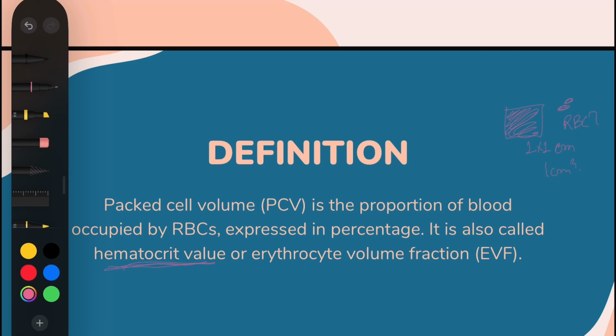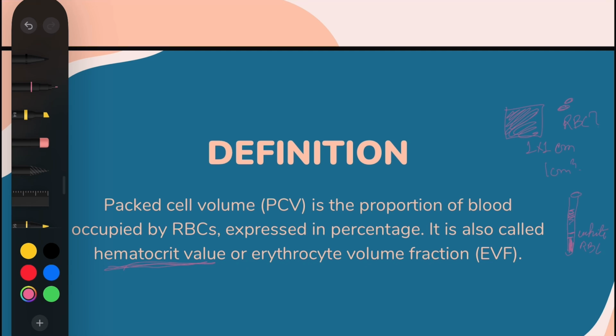Now why so? Because in certain tests the blood is drawn into the Wintrobe's tube and it is then centrifuged at a very high speed. After that centrifugation, firstly at the bottom there will be the red colored cells, which are mainly the RBCs, and in the middle next we will have a white buffy coat, and then on the top we'll have a yellow colored straw fluid which is the plasma.